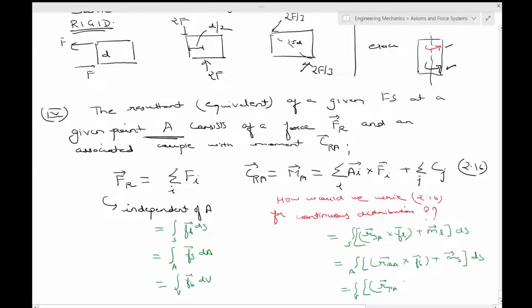S is the position of a point on the trajectory, Q is the center of a small area dA, sorry, and similarly P is the center of a small volume dV.